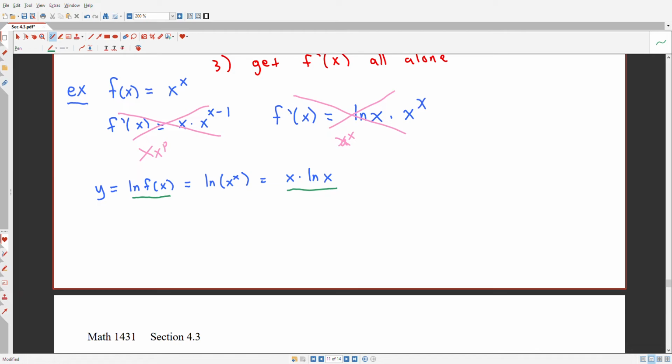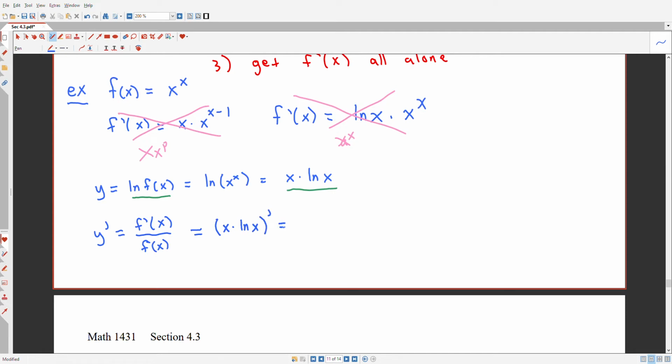So my next step is now to say, okay, well, y prime is, well, the derivative of natural log of something is 1 over that something, and then I chain rule times the derivative. And now I go over to the second green underlined thing and I say, oh, but the derivative of x times natural log x, I know how to do that.